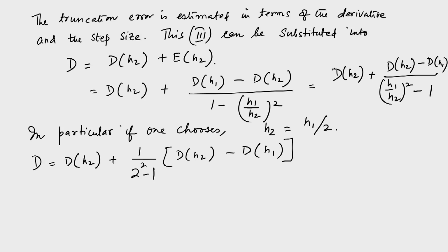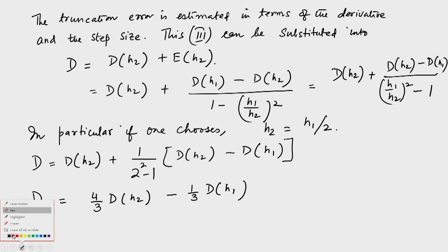So, if you rearrange things, it comes out as 4/3 D(H2), one choice, minus 1/3 D(H1), the other choice. So, that is the formula that one can use in this Richardson's extrapolation.